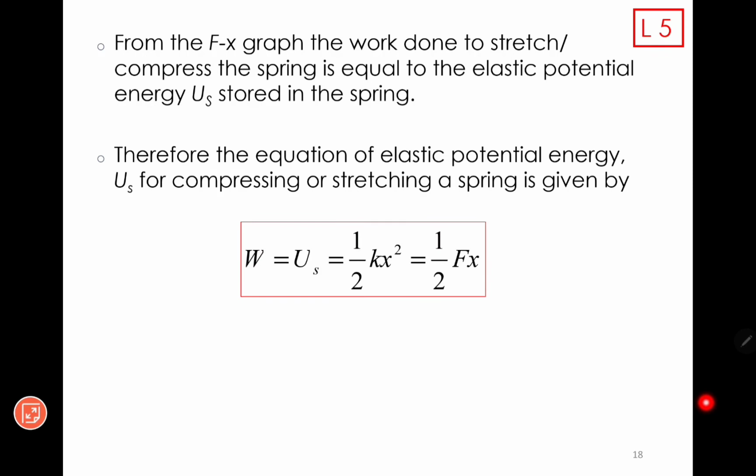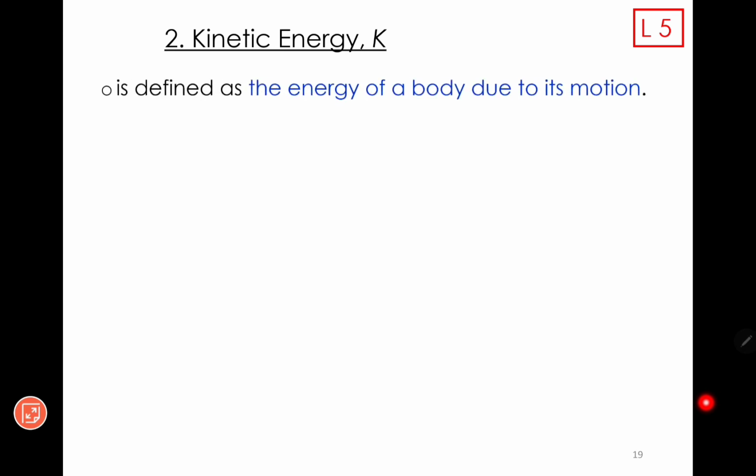Next, we turn to the second type of energy, which is the kinetic energy. The symbol is capital K. So what is kinetic energy? Kinetic energy is defined as the energy of a body due to its motion. The keyword given now is motion. So for any moving object, the energy contained by the body is the kinetic energy. So what is the equation of kinetic energy?